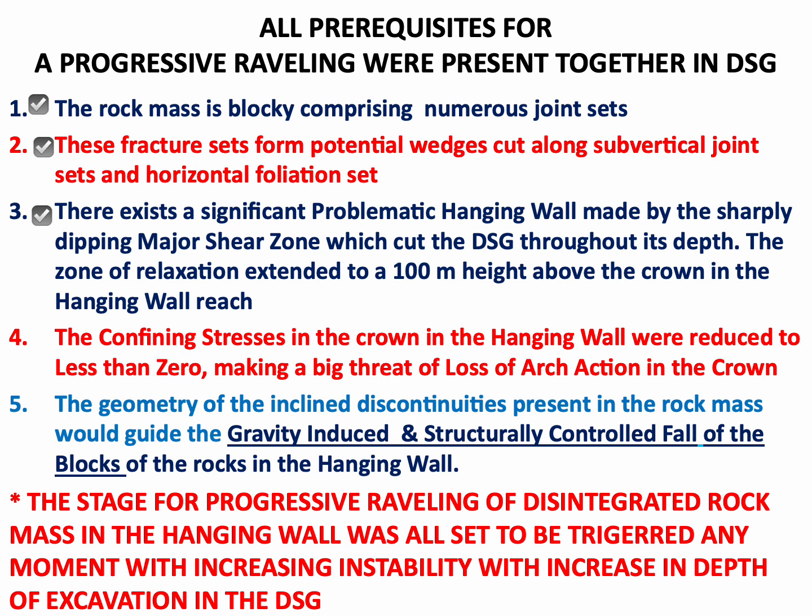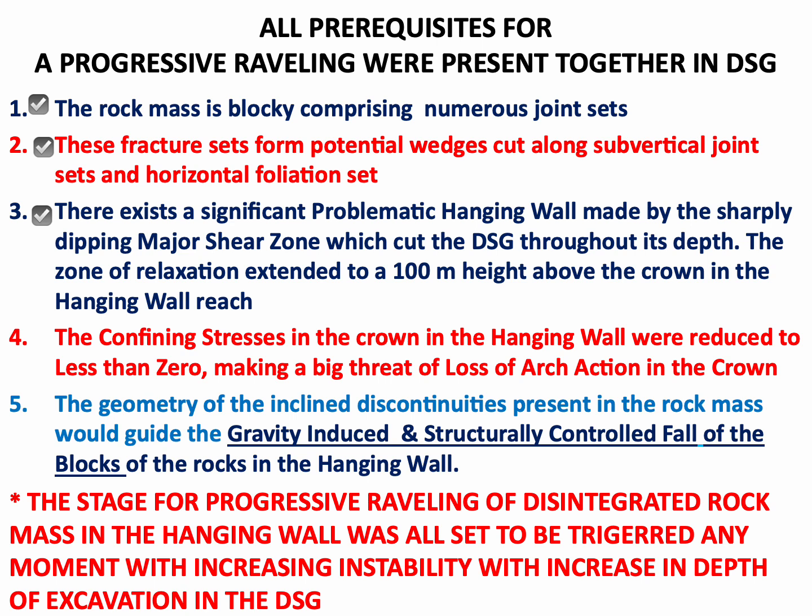Fourthly, the zone of relaxation in the hanging wall reach was extending to about 100-meter height above the crown, just like the 180-meter height of region of no confinement in the mining stope discussed earlier.